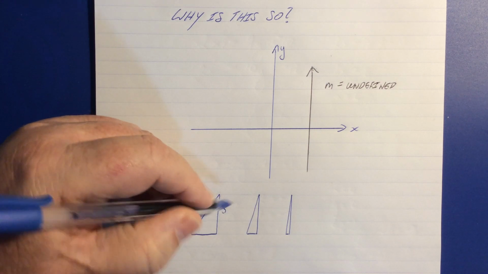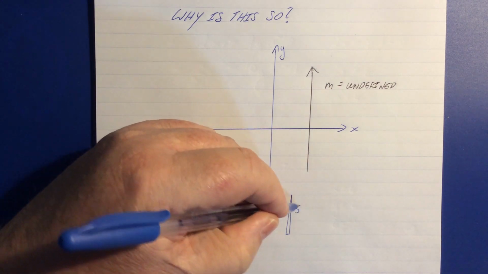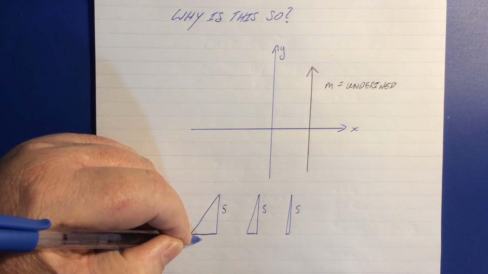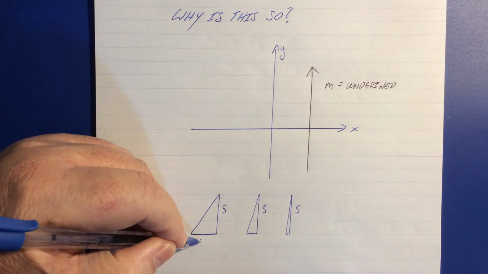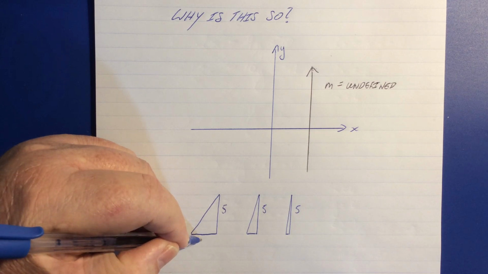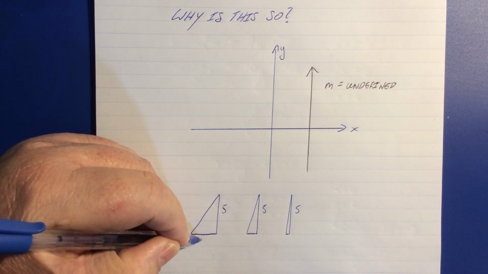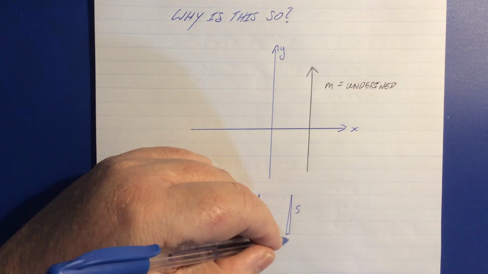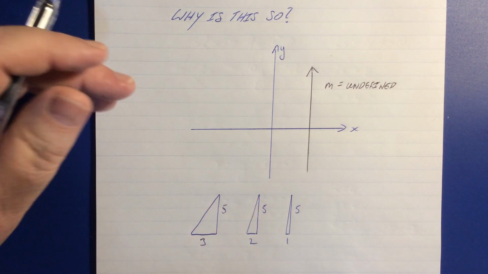Now we're going to make the height of them all the same, and we're going to make the base, let's think of a set of easy numbers to work with. Why not? Something as simple as that.